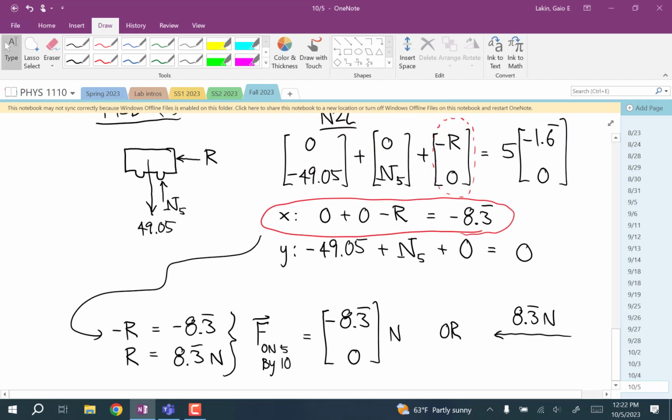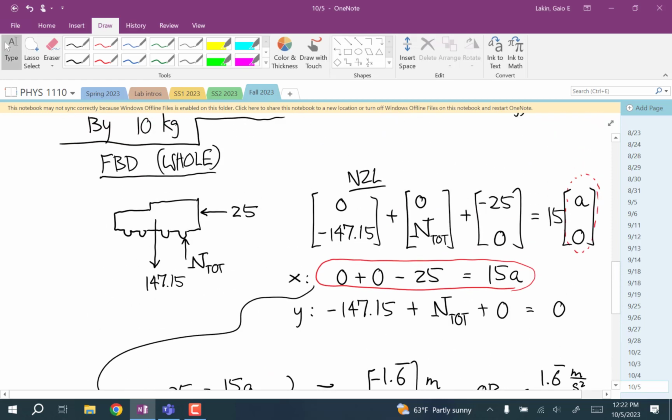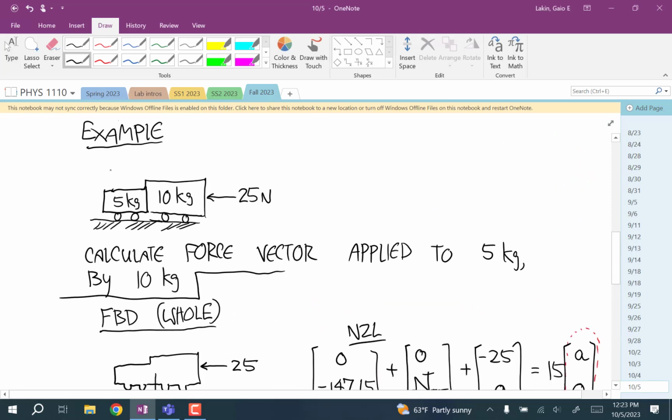And this is a really useful thing to be able to do for engineering applications. Normally the way this would be used is you want to make the materials that are experiencing this force strong enough to deal with that force, but you don't want to overbuild them, spending extra money on materials you don't need.